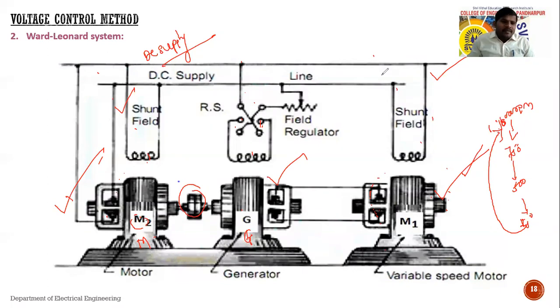Now see, when I start this motor M2, ज्यावेळेस मोटर M2 स्टार्ट केली आहे, suppose the M2 motor, it will be running at somewhat constant speed. Suppose M2, it can be running on 1500 revolution per minute. At how much speed the generator it can be run? Generator कोणत्या स्पीड ने रन होईल?